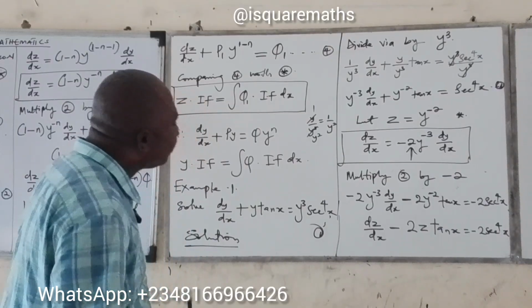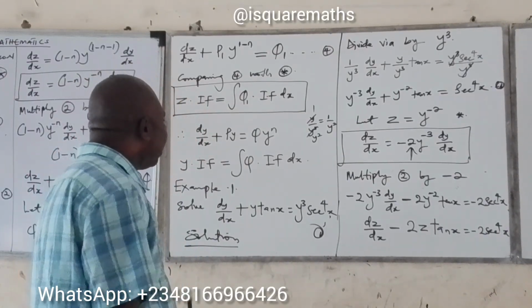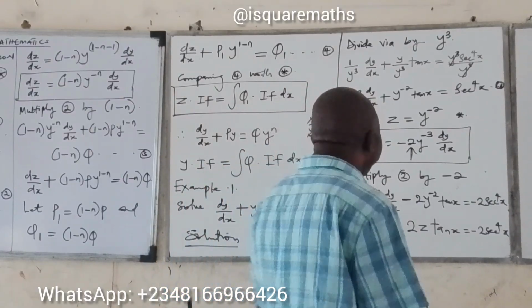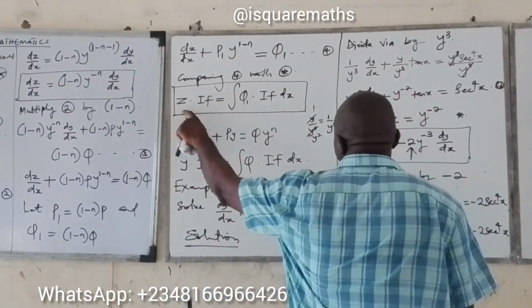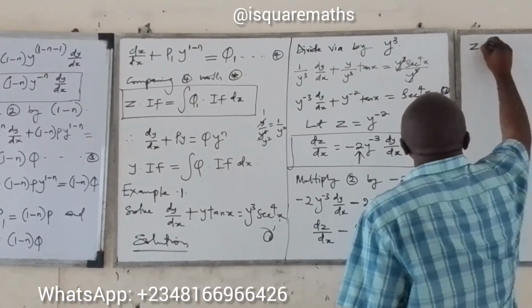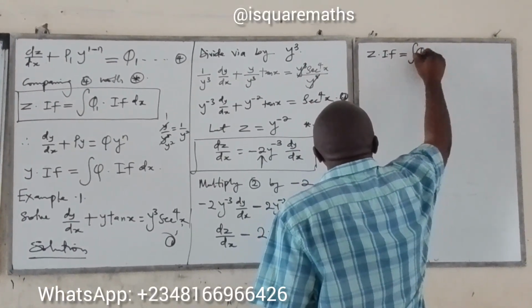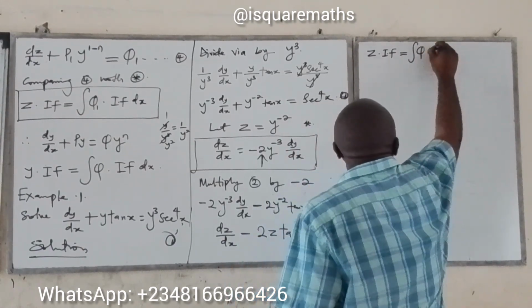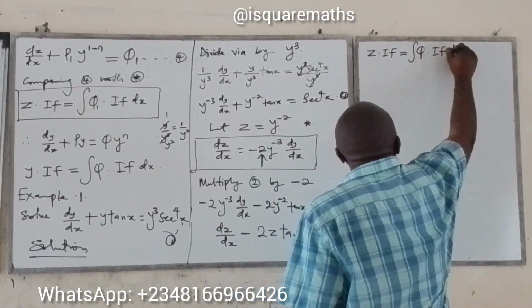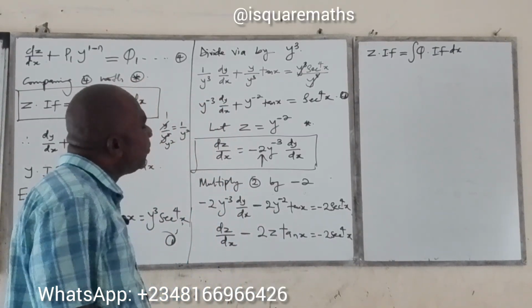So now the next step is to look for the integrating factor. Now remember we said the equation now will be z times the integrating factor is equal to the integral of q times the integrating factor, then we have dx. Now let's see the integrating factor.